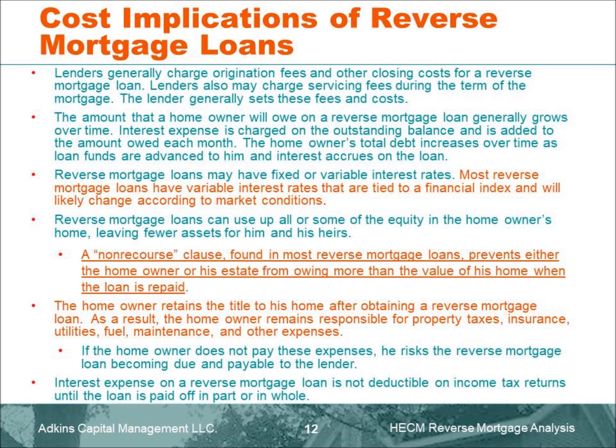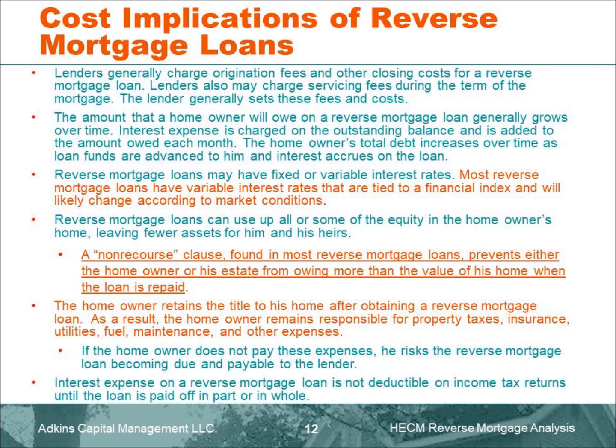As previously discussed, reverse mortgage loans may have fixed or variable interest rates. Again, most reverse mortgage loans have variable interest rates that are tied to a financial index and will likely change according to market conditions. Reverse mortgage loans can use up all or some of the equity in the homeowner's home, leaving fewer assets for him and his heirs.